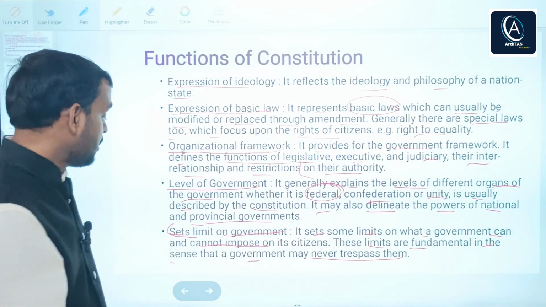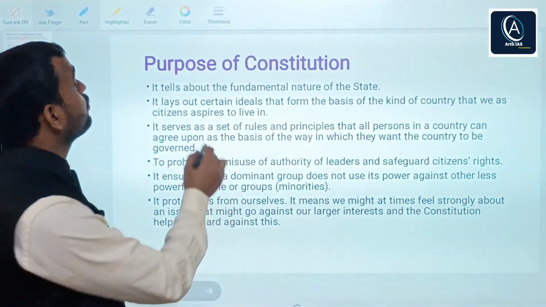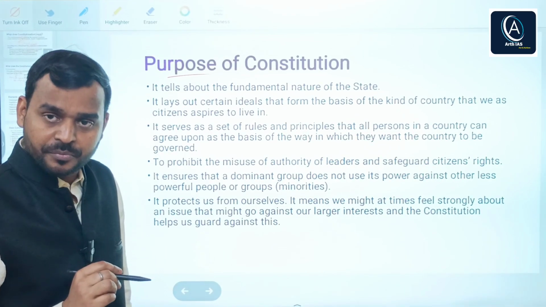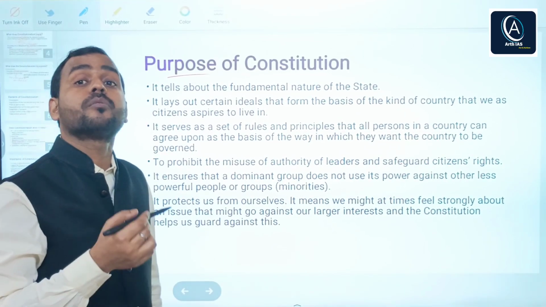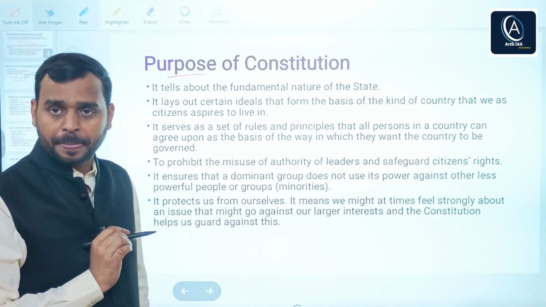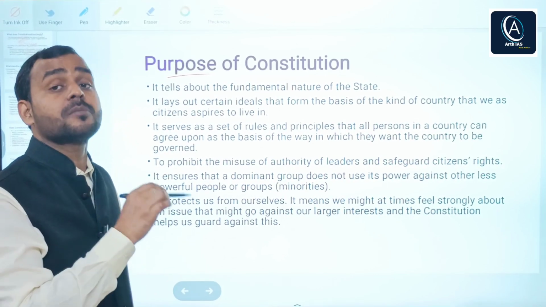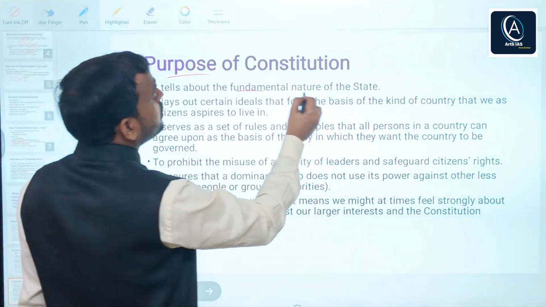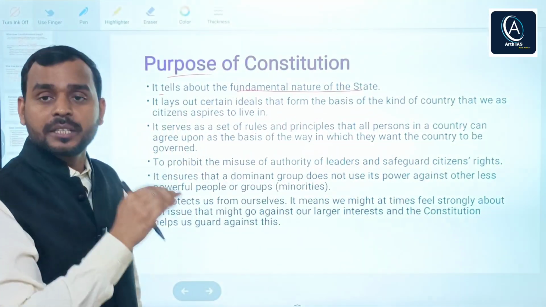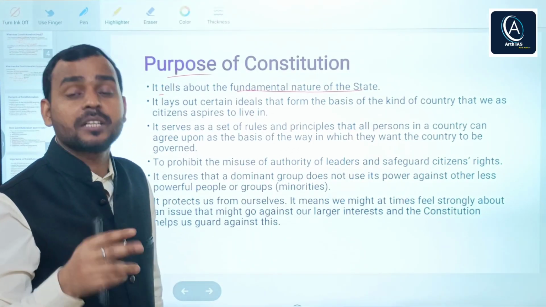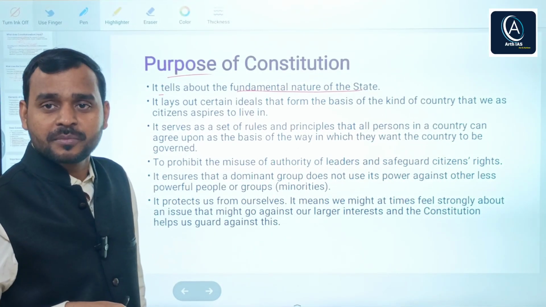Simple. Now just see the purpose of constitution. What are the purposes of constitution? Why should a country have a constitution, especially in case of a democratic country? So it tells about the fundamental nature of the state. Whether a country is federal, sovereign, socialist, secular or not, republic or not, democratic or not.